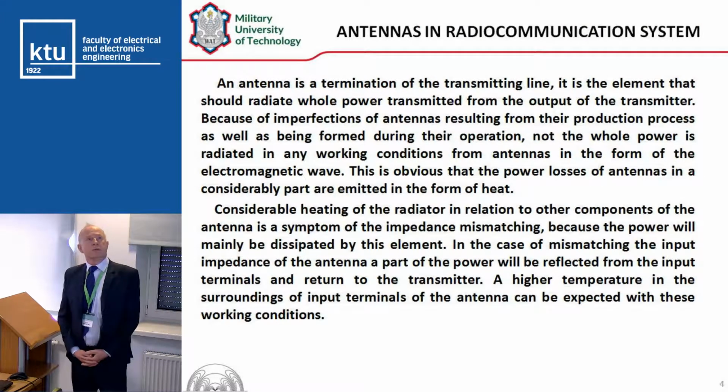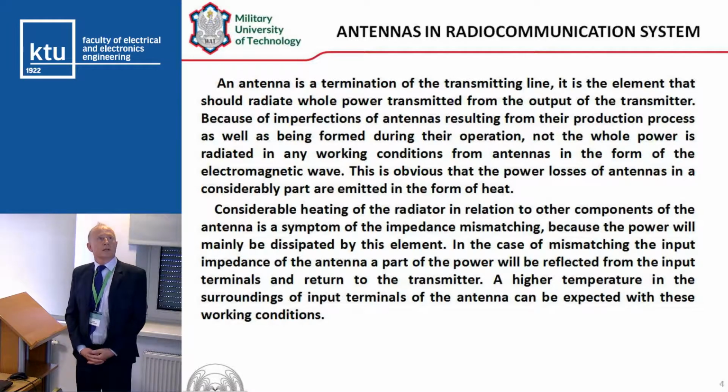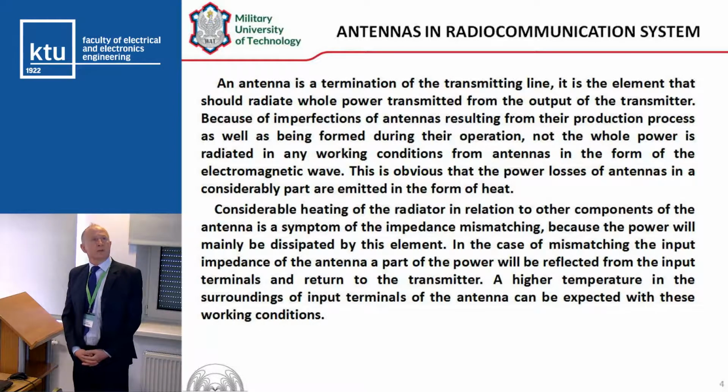An antenna termination of the transmitting line is the element that should radiate the whole power transmitted from the output of the transmitter. Because of imperfections of antennas resulting from the production process as well as those formed during their operation, not the whole power is radiated in any working conditions from antennas in the form of an electromagnetic wave.